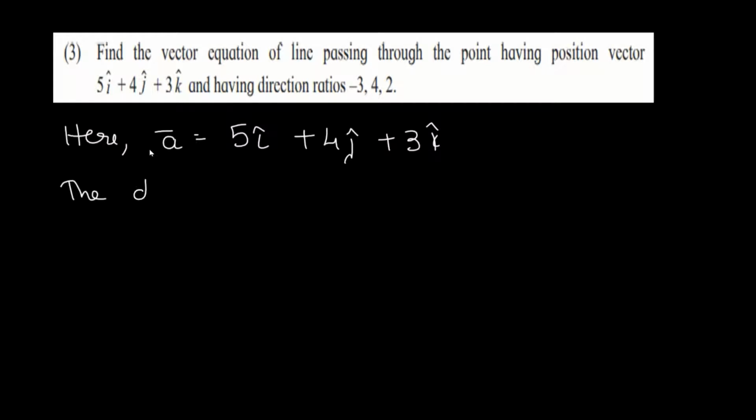So in this case, the point has position vector given as A bar is equal to 5i plus 4j plus 3k. Also, they have given us the direction ratios of the line. So the direction ratios of the line are minus 3, 4 and 2.